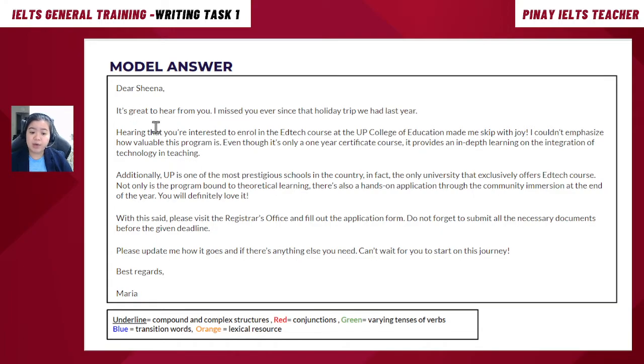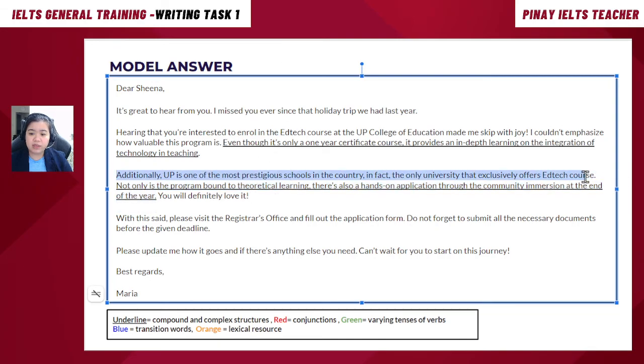So first, I'm going to underline all my compound and complex sentence structures. Okay, this one, even though, is a subordinate clause, so you do know that this is now a complex sentence structure. All right, this is also, sorry, that was a complex sentence structure.